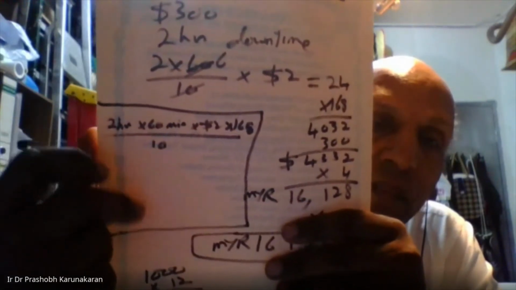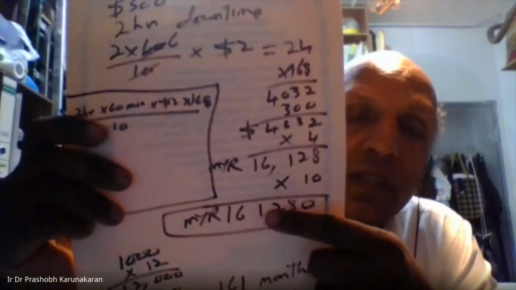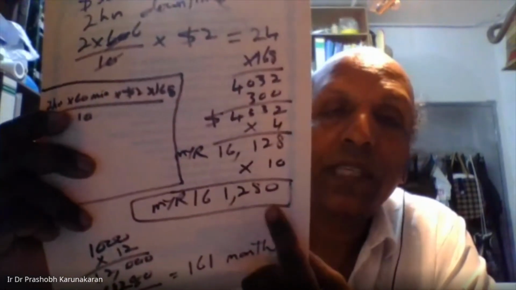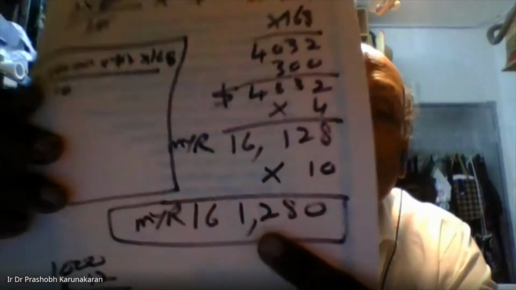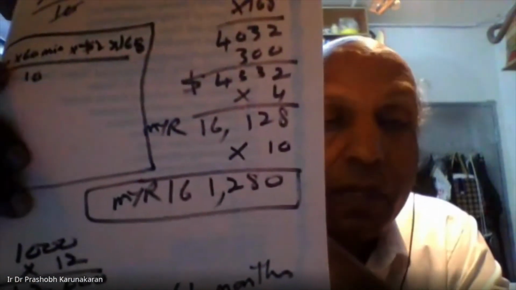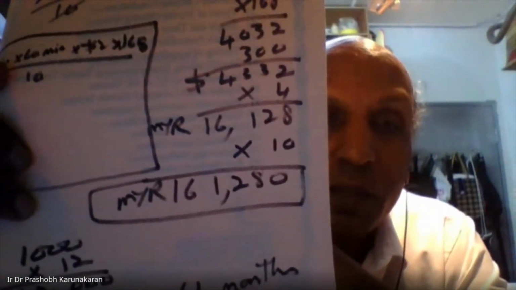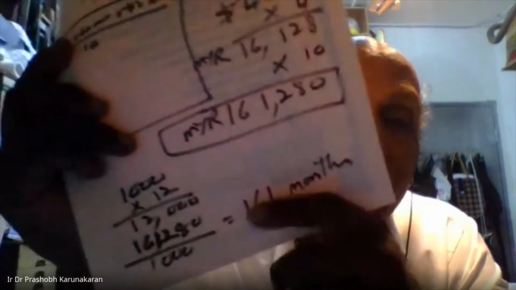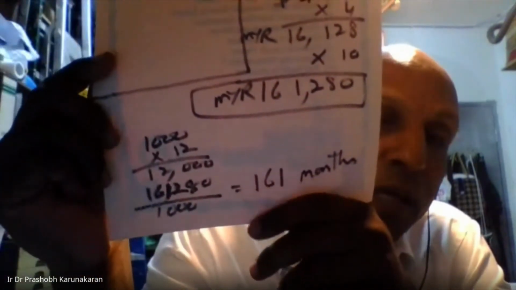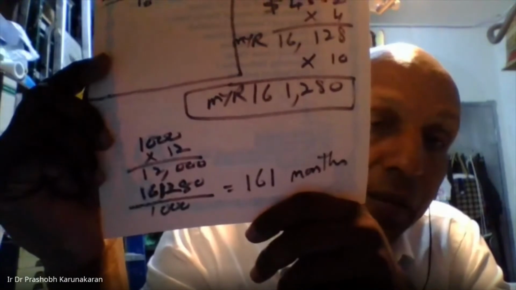Okay, so the total cost in terms of ringgit is 161,000 ringgit for a new worker. Seriously. Okay, assume the worker is getting 1,000 ringgit salary.